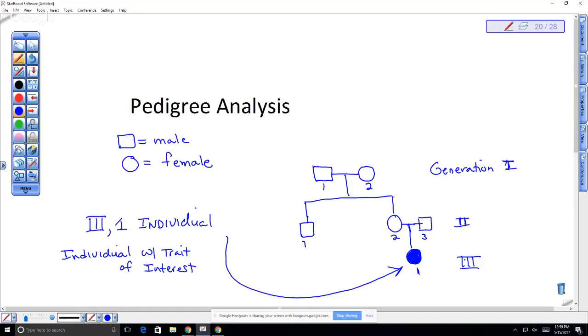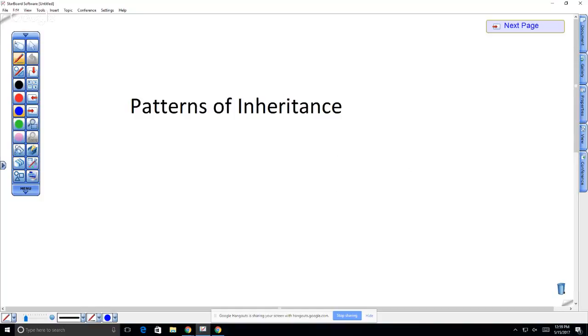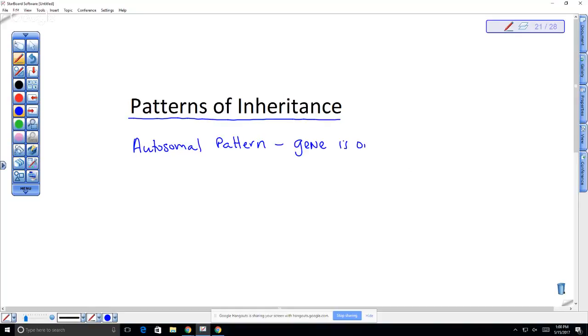So if we look at how pedigrees can tell us information, we can look at the patterns of inheritance of particular traits. Okay, so we are going to first look at autosomal patterns. And this is where the gene has to be on a chromosome other than the sex chromosomes, X or Y. And so those are called autosomal chromosomes.